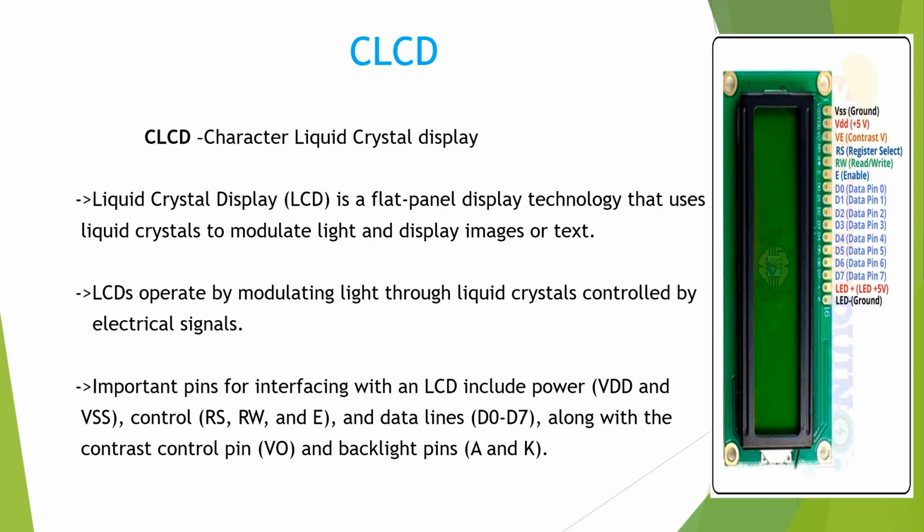For the control purpose, we are using RS, RW and enable. And the data lines are D0 to D7 along with the V output pin, and the cathode and anode. Here we can see this LCD. Here the pins in the CLCD are all arranged in this order. So this is all about the CLCD.